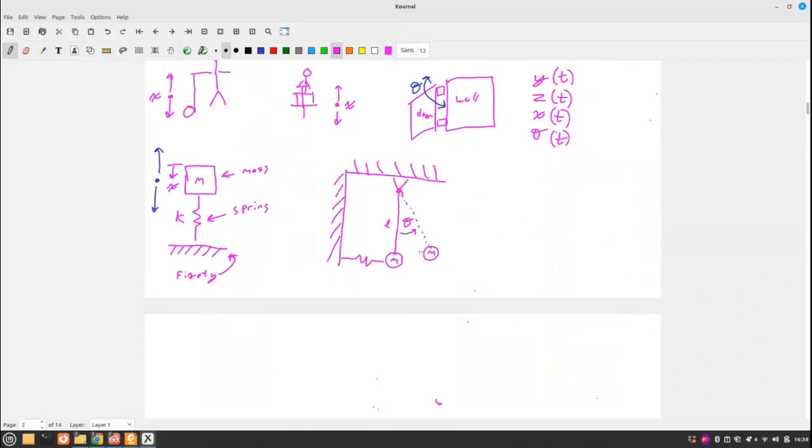And my spring would still be attached like that, kind of drawn dashed so you know it's the displaced spring. And what you'll notice is that I still have a 90-degree angle here, and that's from the assumption of small displacements, right? So review 1.2.